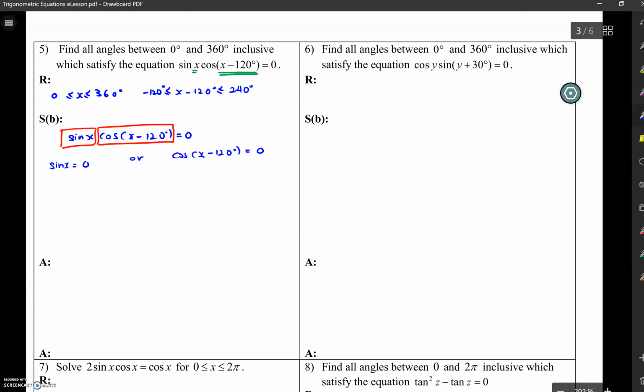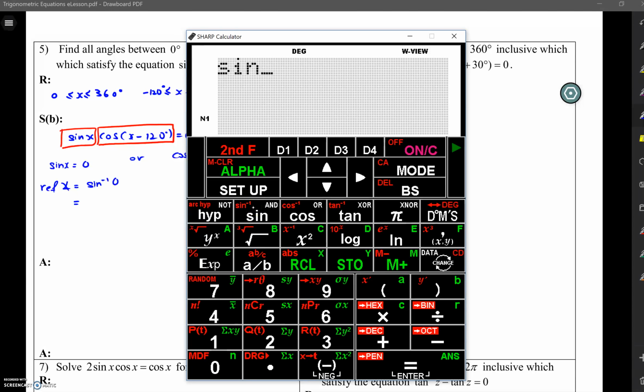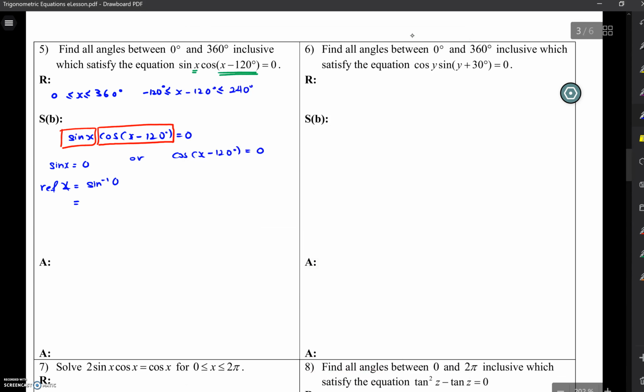In order to find the basic angle or reference angle, we'll just write reference angle is equal to sine inverse of 0. And what do you get for sine inverse 0? So press your calculator, second function, sine, 0, and you get 0 degree. So my reference angle is 0 degree.